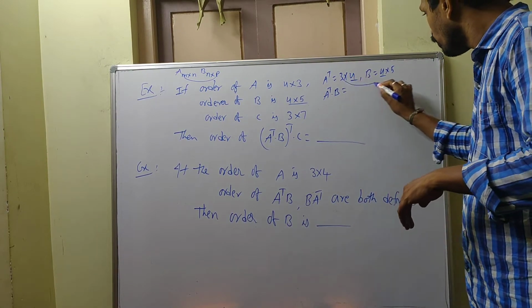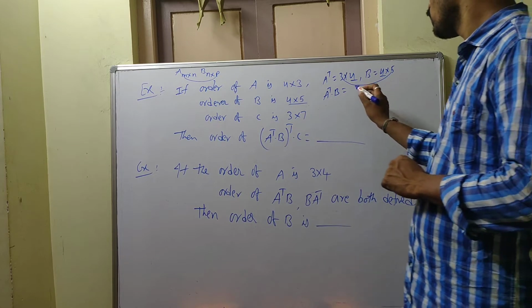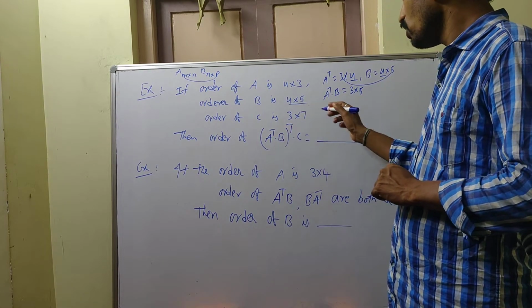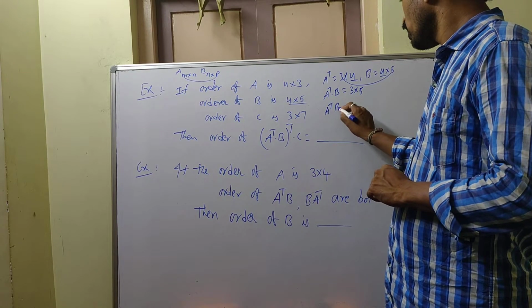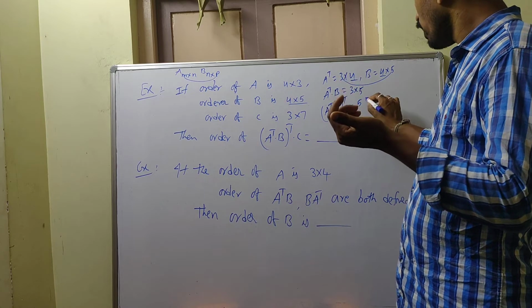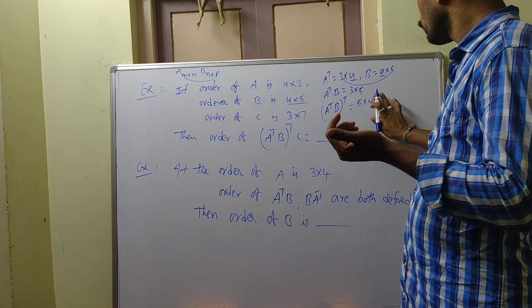Then what is the order of A transpose into B? 3 by 5. So what is he asking? A transpose B whole transpose. So A transpose B whole transpose order becomes 5 by 3.